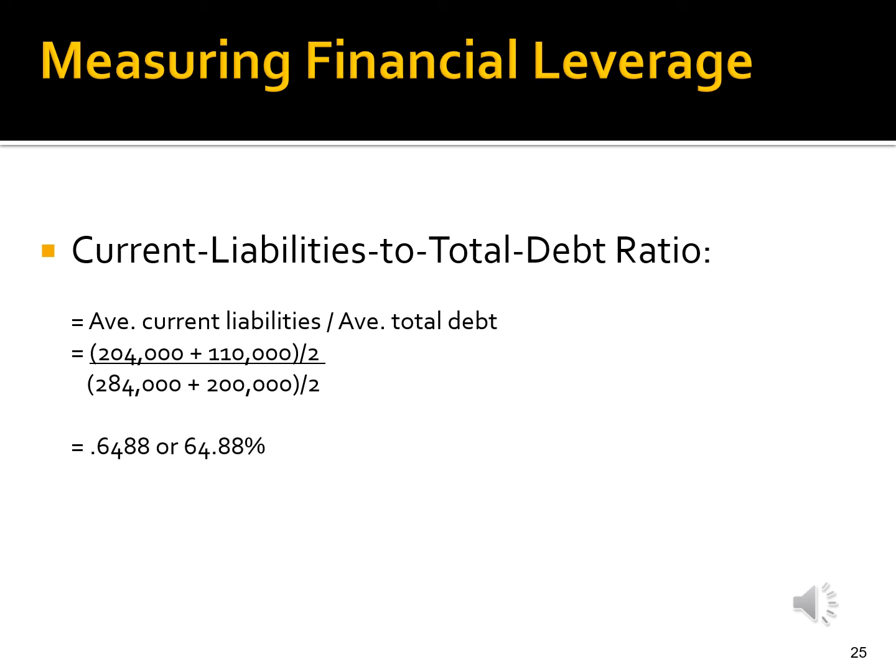Okay, next is the current liabilities to total debt ratio. It measures the average of current liabilities over the average of total debt. So in this example, 64.88% of the total debt of the company consists of current liabilities.